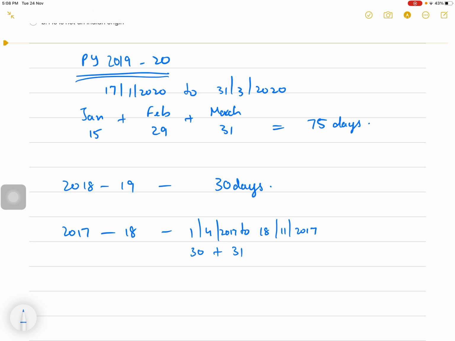April 30 days, May 31, June, July, August, September, October, November. So 30 plus 31 plus 30 plus 31 plus 31 plus 30 plus 31 plus 18. When you total this, it comes to 232 days.